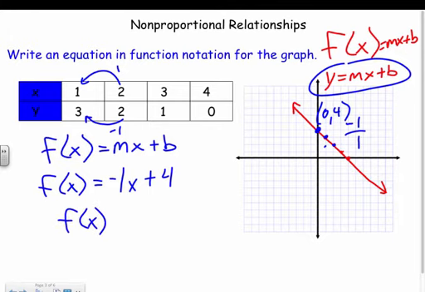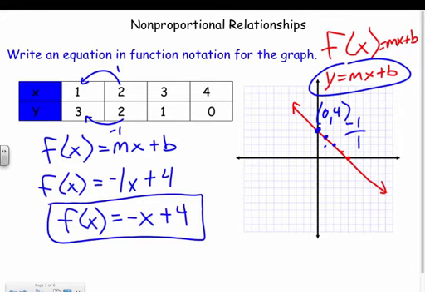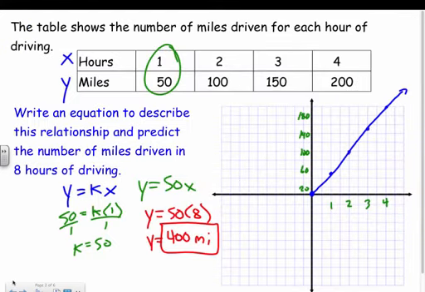I don't need to write that negative 1. It's just negative x plus 4. So here's my equation in function notation. And this would be non-proportional because why? It does not go through the origin. My graph does not go through the origin, so it's non-proportional. And really, I'm just using the slope-intercept form instead, which I kind of did in this first one, except there is no y-intercept because it goes through the origin.